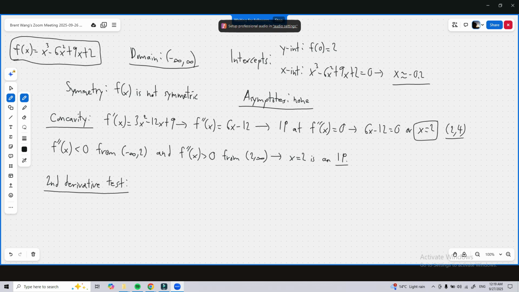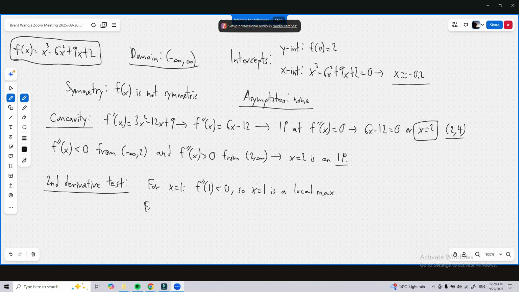So we had two critical points, x equals 1 and x equals 3. F prime prime 1 is less than 0, so x equals 1 is a local maximum.